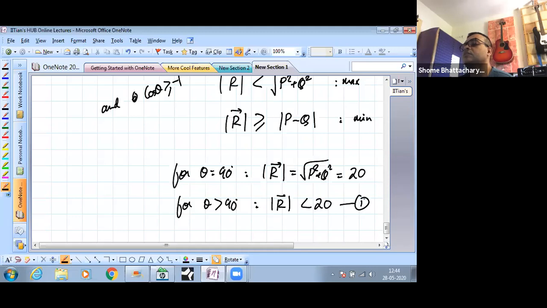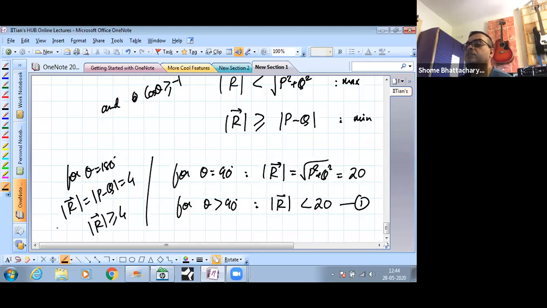That's statement 1. And on the other hand, for theta equal to 180 degrees, the magnitude of R will become the difference of P and Q, which is 4. Okay. So this is statement 2. So in general, R has to be greater than or equal to 4 for any theta.